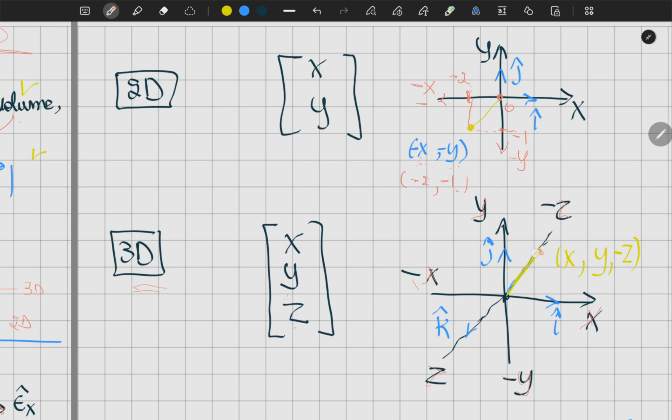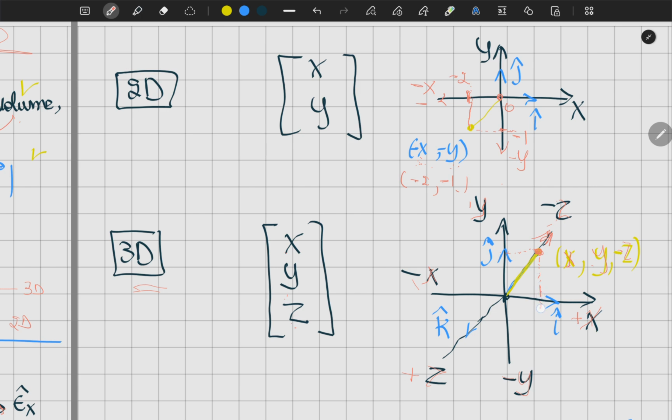Okay, and if you have to locate that point in 3D, that point is represented by x, y, and negative z, because this side is where we have the negative side, negative z. You can see this is negative z, and this side is positive z, and positive x, that's why x is positive, positive y, that's why y is positive to that point.